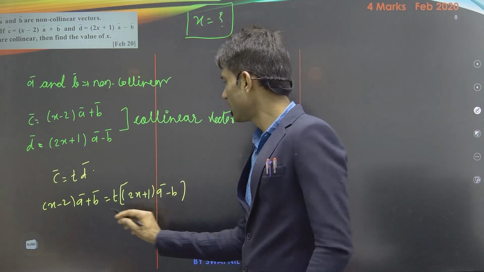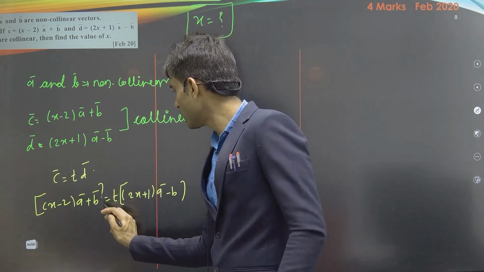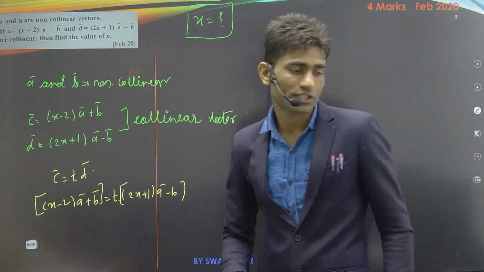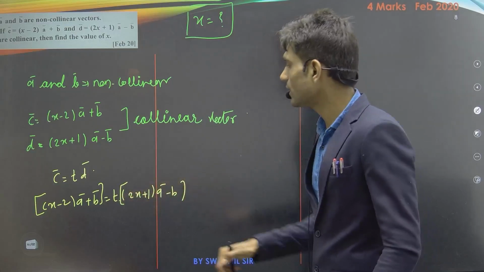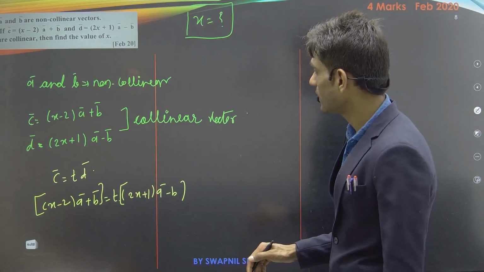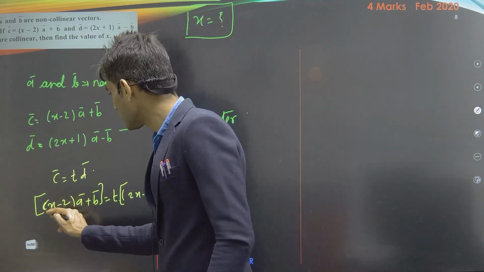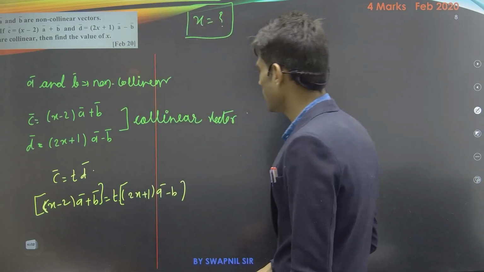That means the first vector is a scalar multiple, t, of the other vector. We need to be careful with the values.